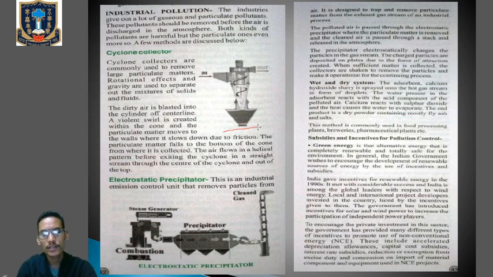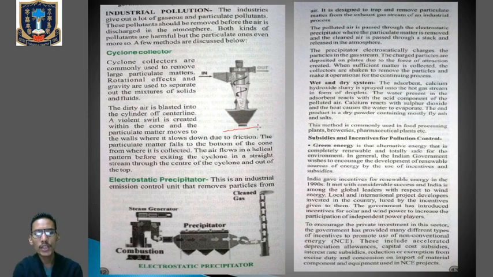The cyclone collector is mainly used to remove the large particulate matter present in the air. Rotational effects and gravity are used to separate out mixtures of solids and fluids.